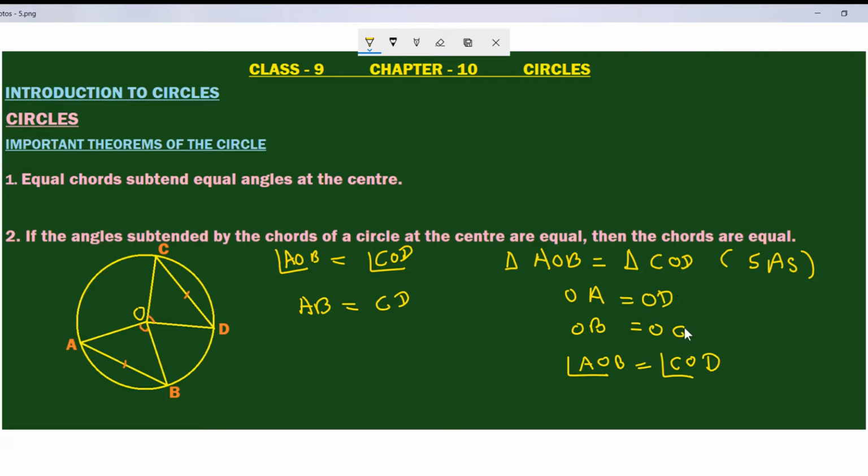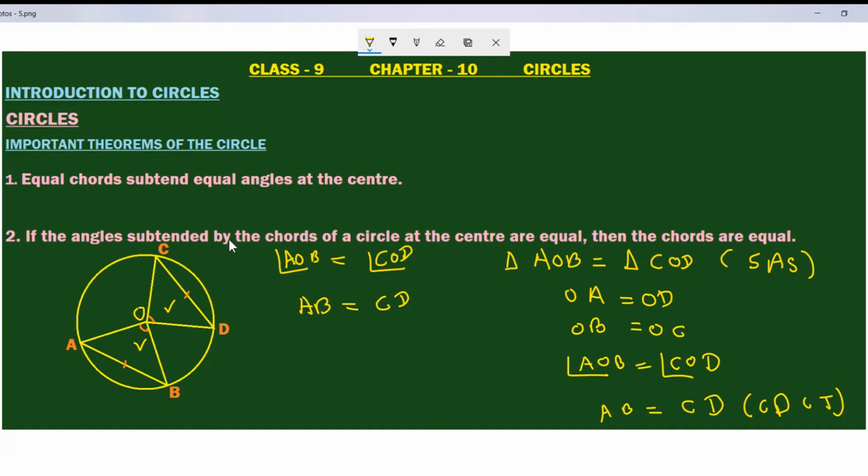If these two triangles are congruent, then we can say the side AB is equivalent to CD according to CPCT, corresponding parts of congruent triangles. Hence, we have proved the second theorem as well.